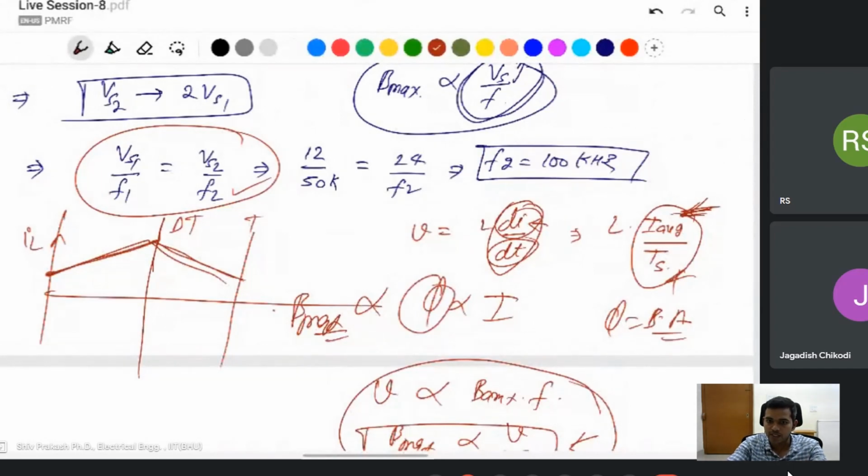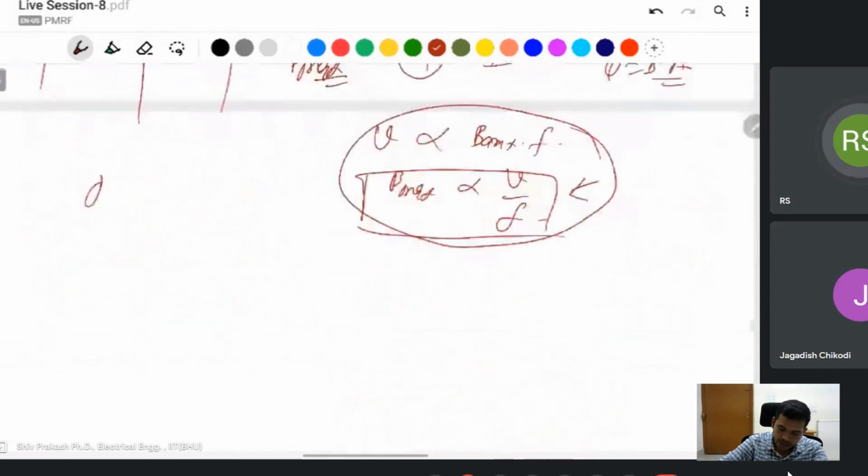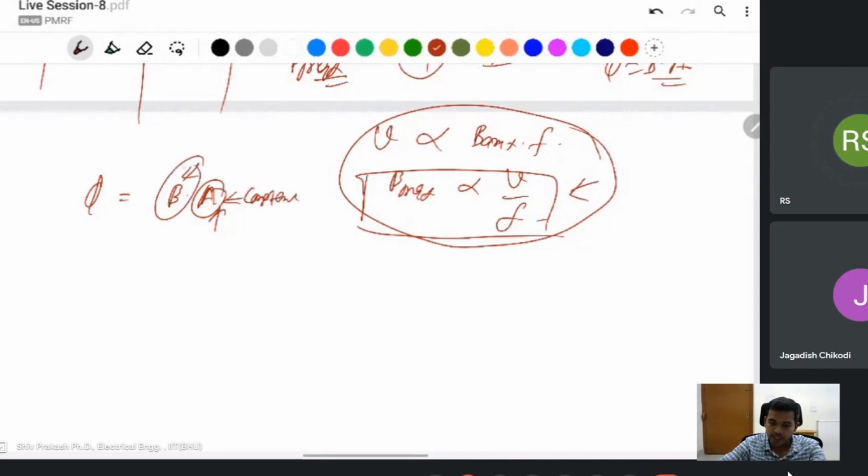You can't increase the flux density beyond the rating, or the core will be saturated. If you increase the flux density, it means we increase the current directly. Flux is equal to B into A, and the cross sectional area of the core is constant, so only flux density can increase. If flux density increases, the flux increases, and flux is directly proportional to current. That's why the flux density will be maintained.